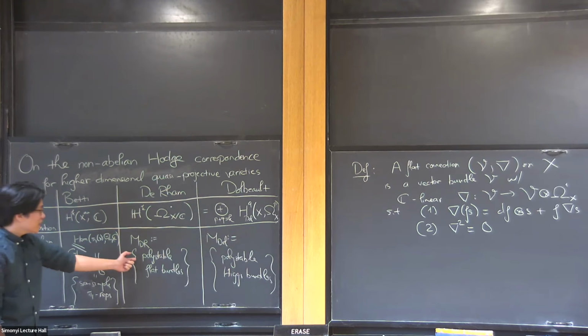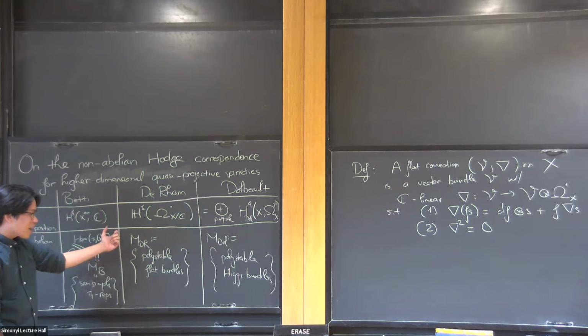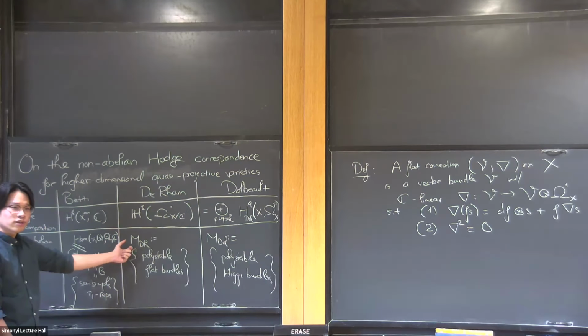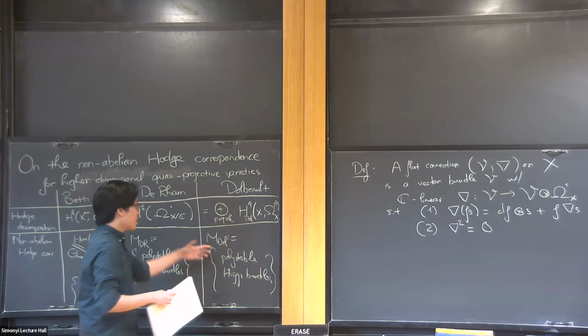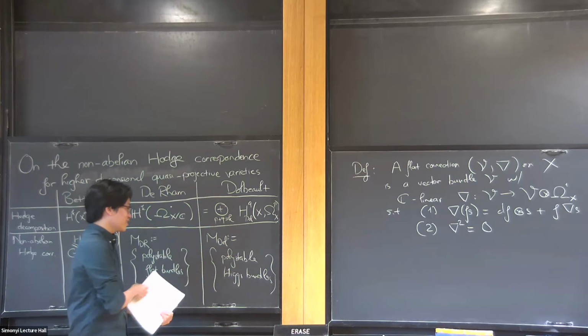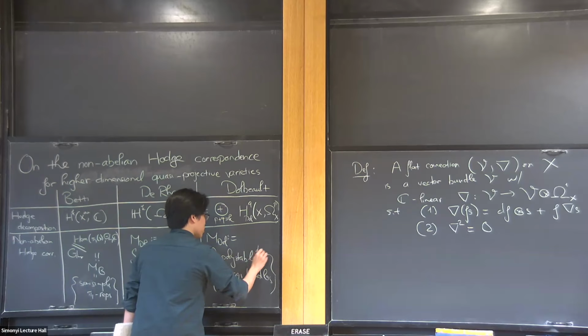It's just basically a direct sum of stable flat bundles, and a flat bundle is stable if there are no sub-flat bundles. On the Dolbeault side, the polystable condition actually matters.